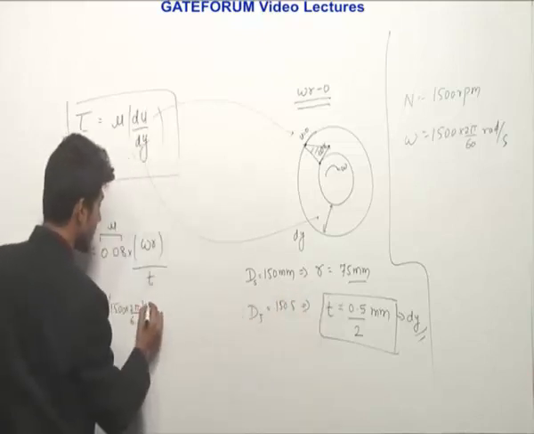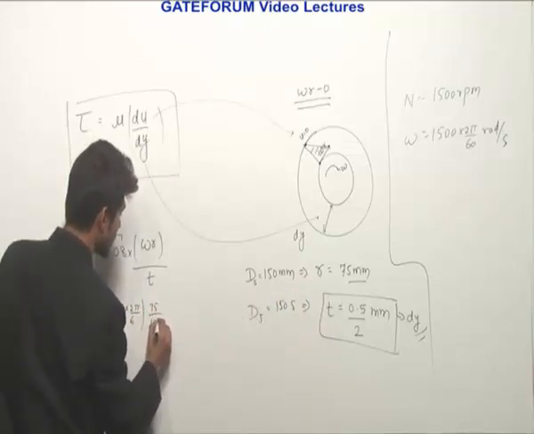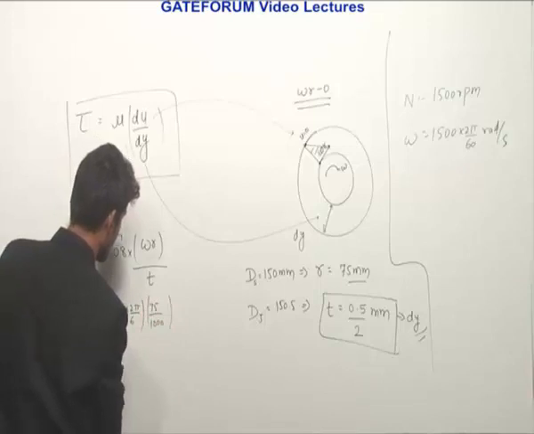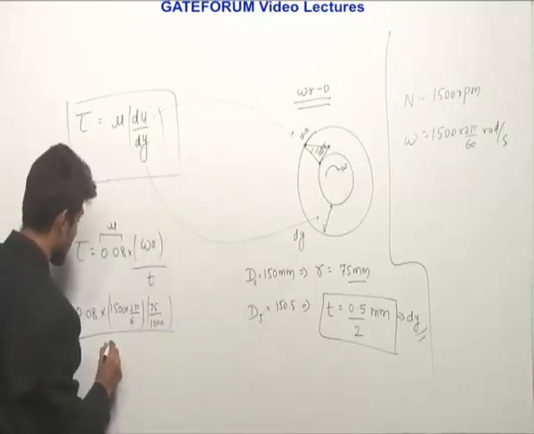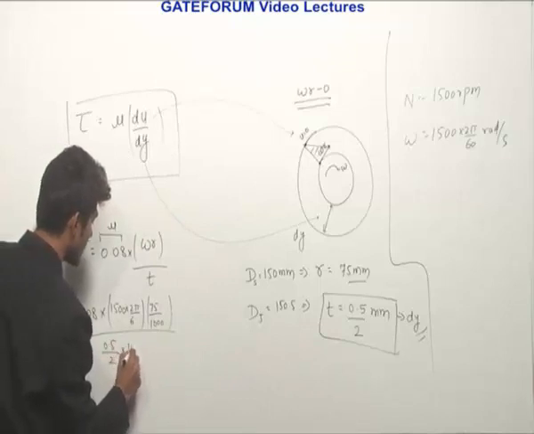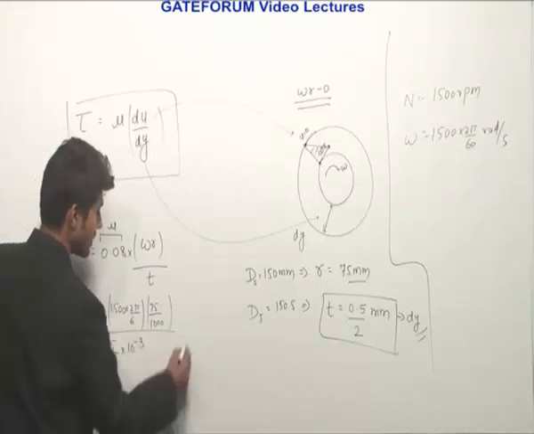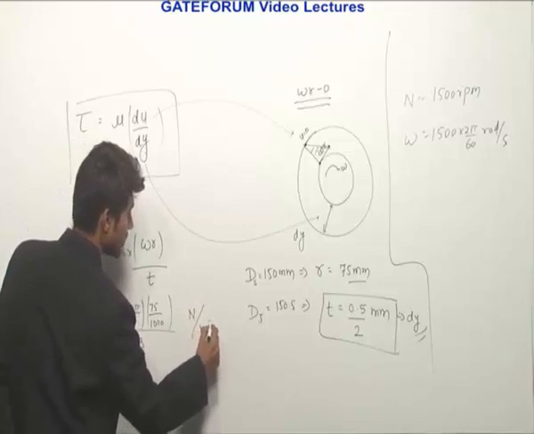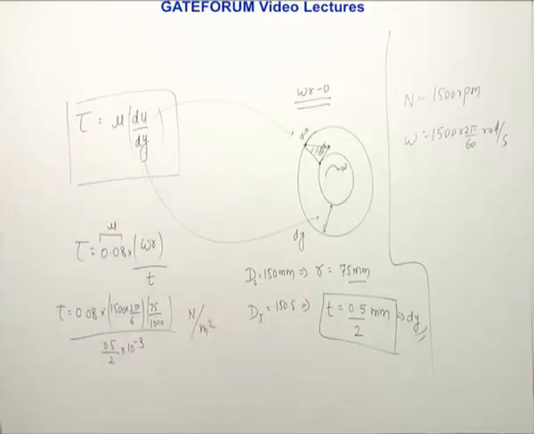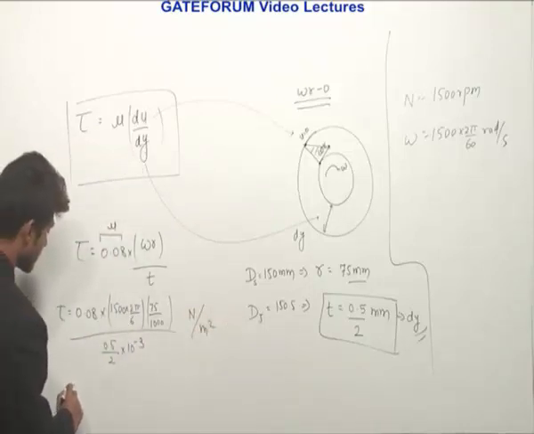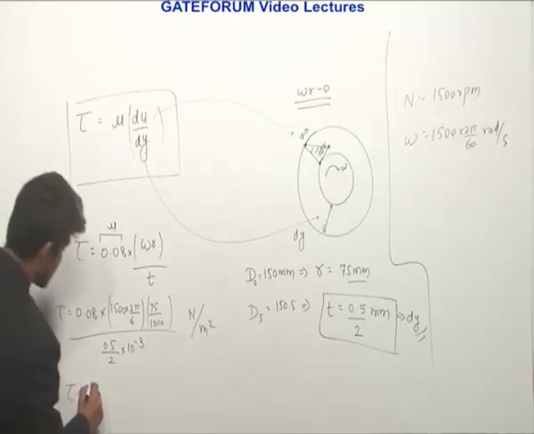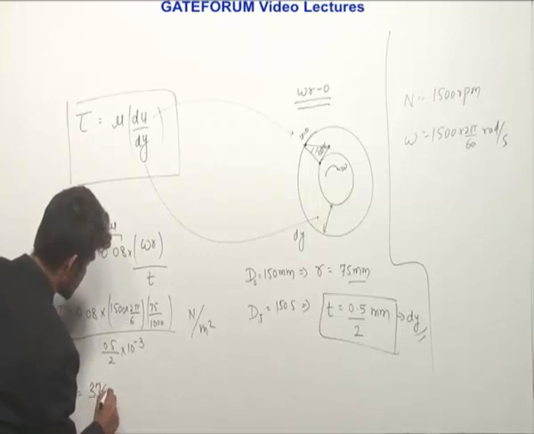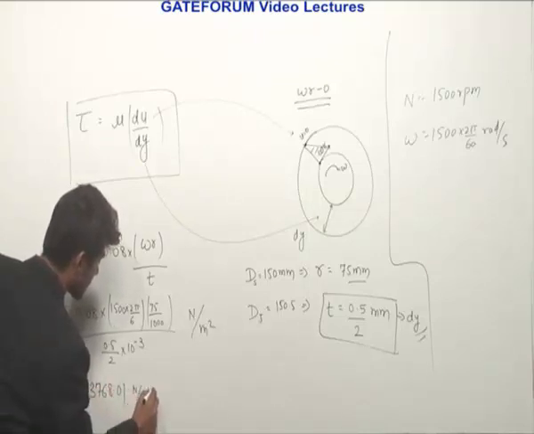The value of r is 75, so 75 divided by 1000, divided by the thickness, which is 0.5 divided by 2 into 10 power minus 3, and this will be in Newton per meter square. After solving this, you will get the value of tau to be 3768.01 Newton per meter square or Pascal.